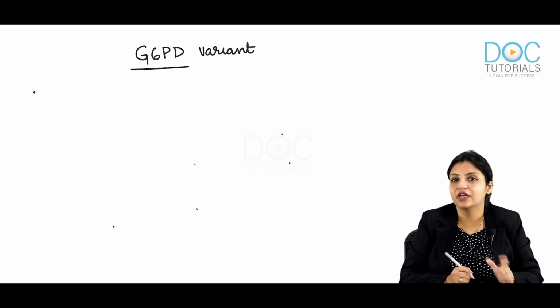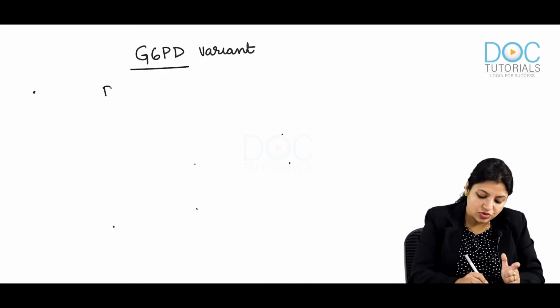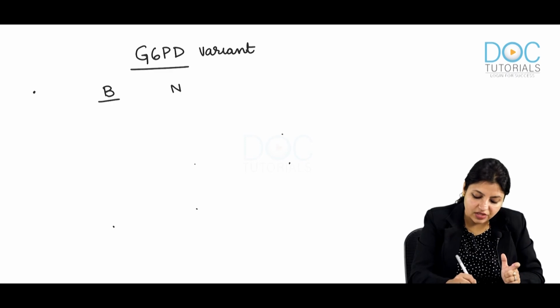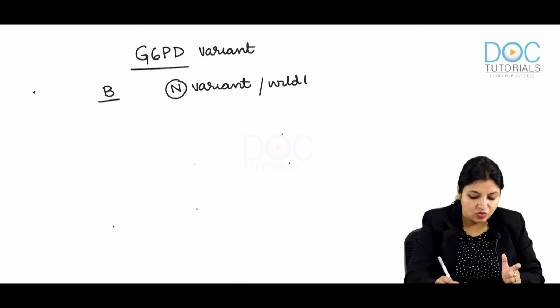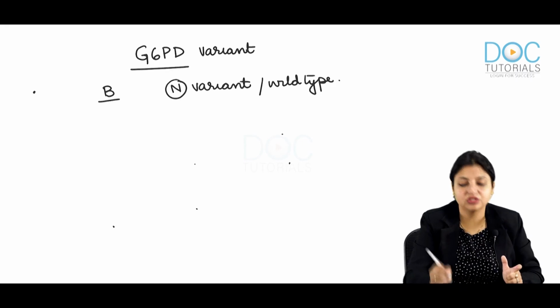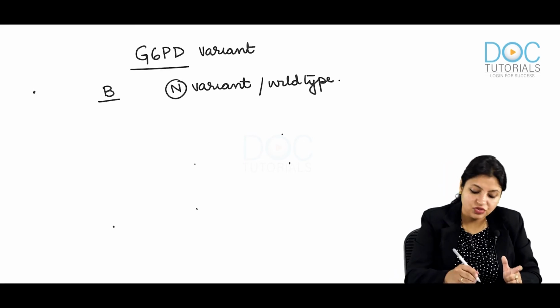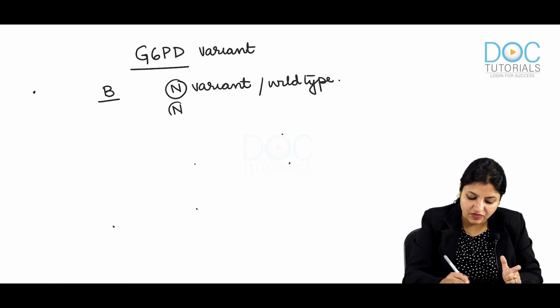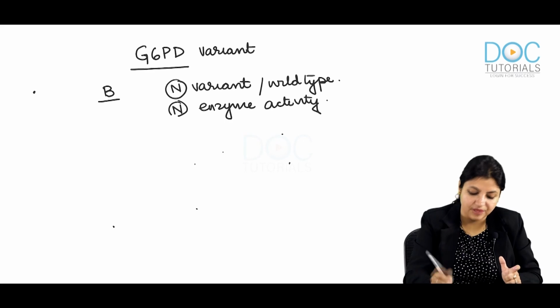These variants are divided according to their electrophoretic mobility most of the time. The normal variant, which is also known as the wild type, and wild always means natural, is G6PD B. It has normal enzyme activity.